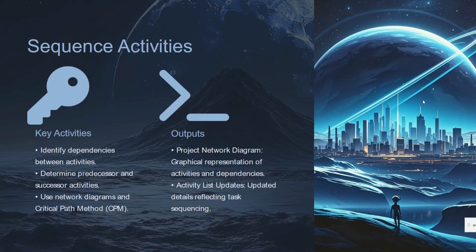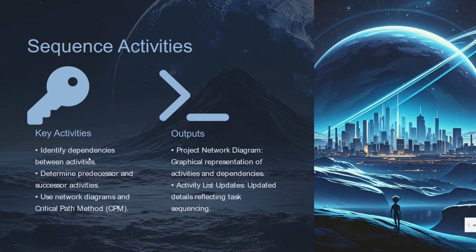After defining activities, we will have the sequence activities. In this phase, we will work on sequencing activities. Sequence activities is the process that involves determining the order in which the activities should be performed. It establishes the relationship between activities and helps to identify the most efficient path to complete the project. The key activities we will follow: we will identify and document the dependencies between activities.